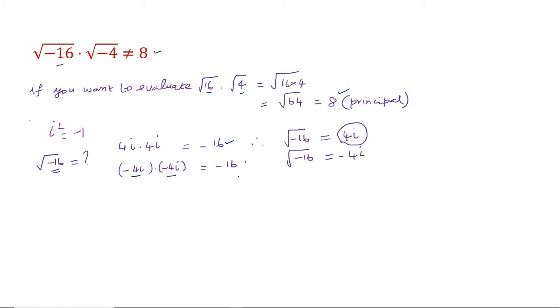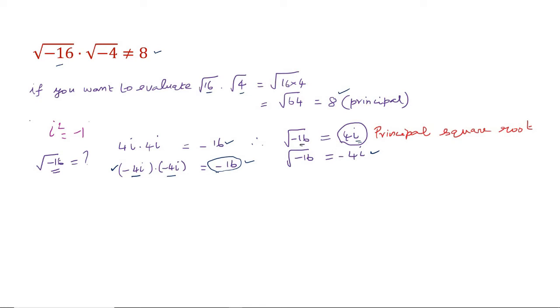So minus 16. So square root of minus 16 is 4i, and also square root of minus 16 is minus 4i. But we would only consider 4i, taking this as the principal square root. Therefore, square root of minus 16 is 4i.